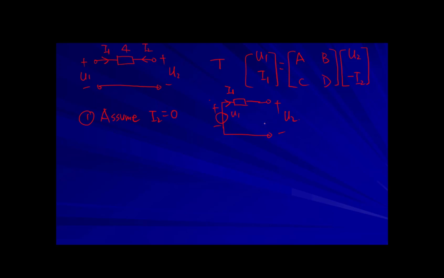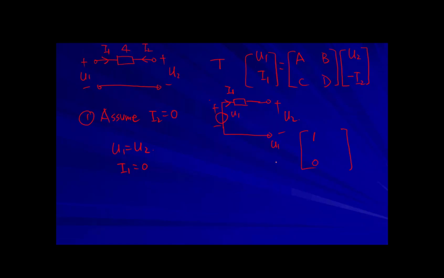In this case, U1 equals U2, and I1 will be 0. So the A position will be 1, and the C position will be 0.